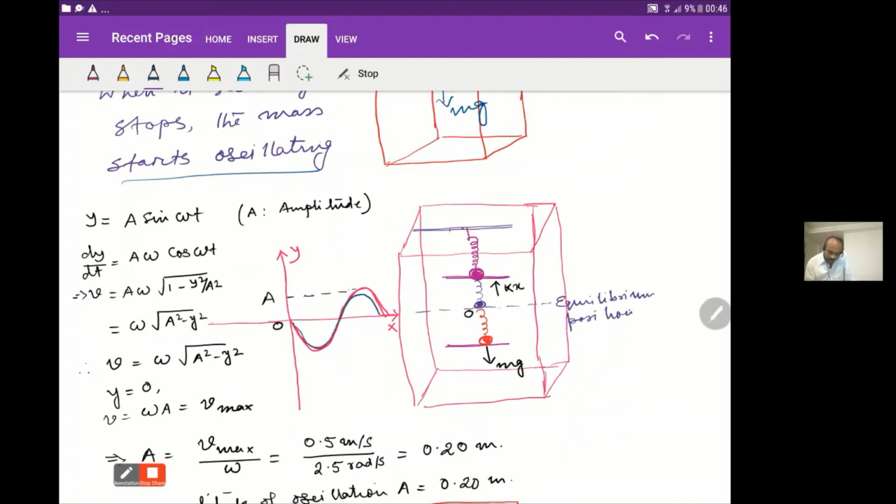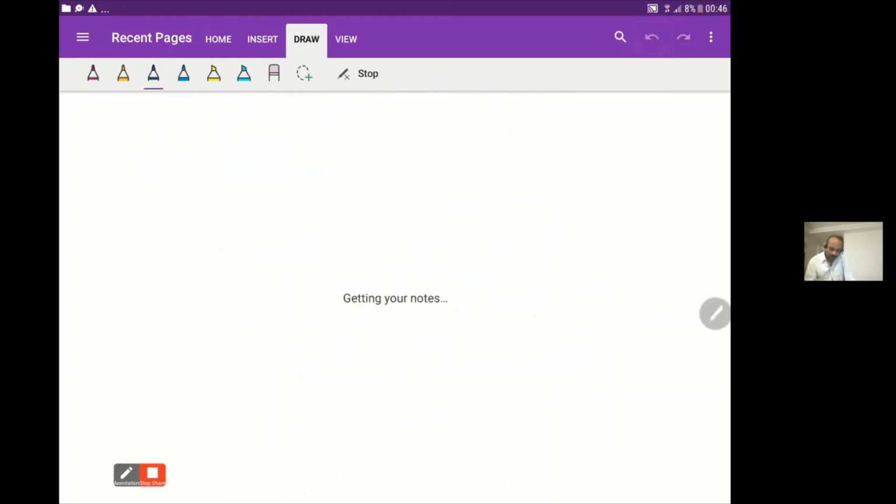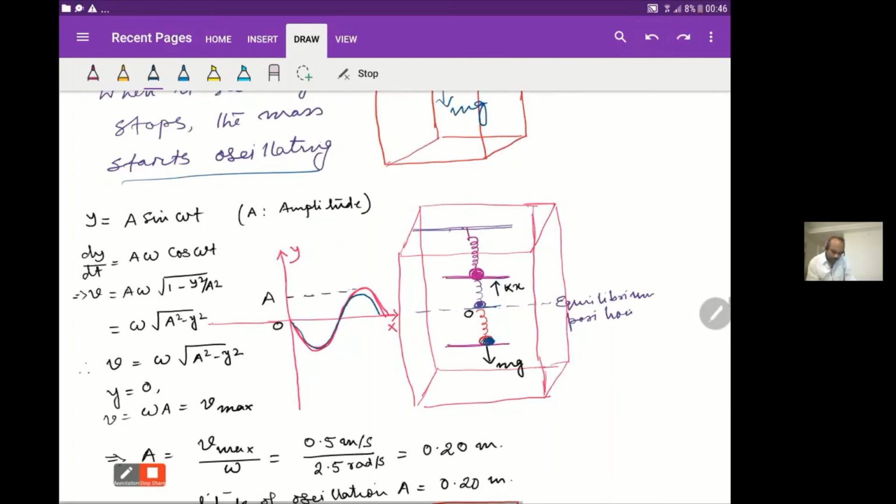So this is the equilibrium position. It will go to a maximum position downward and then it will move back to a maximum position upward, and this is how it will oscillate. So this is basically a simple harmonic motion. And we know the equation of motion of a simple harmonic oscillator.